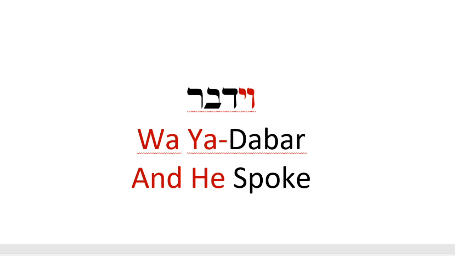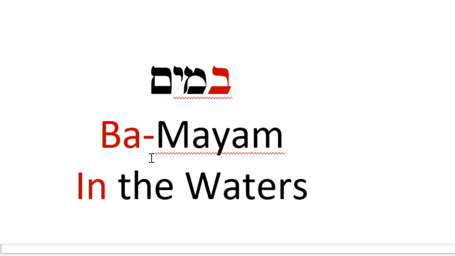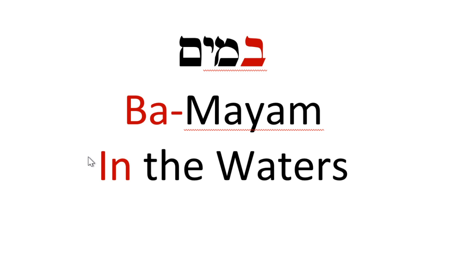But moving on to our next example, we have the Hebrew word bamayim, which contains the prefix ba, which means in, and we have our foundation, our word mayim, which means waters or the waters. Bamayim, obviously, means in the waters.